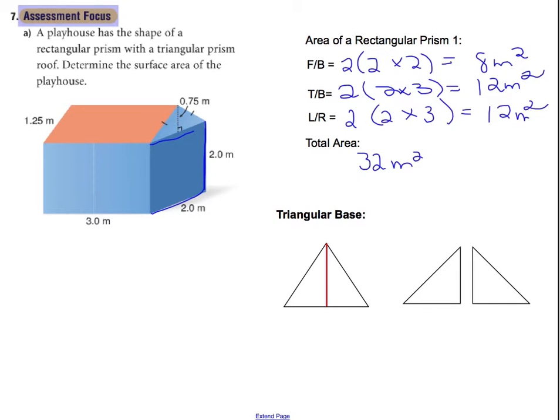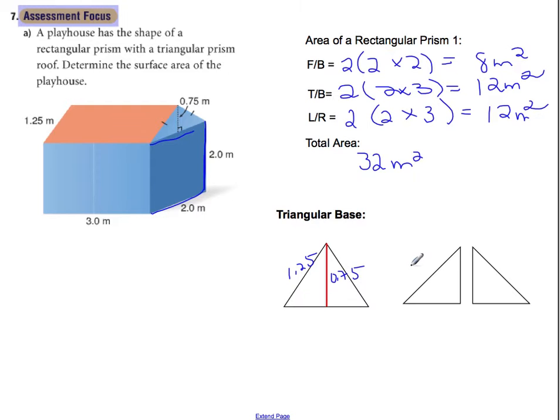Okay, now I'm going to grab my pen again. We don't have a right triangular prism here. So we're going to split this up like we did in the previous example, and create two right triangular prisms. In our top, which is the triangular prism, we have a height of 0.75 and a hypotenuse of 1.25.